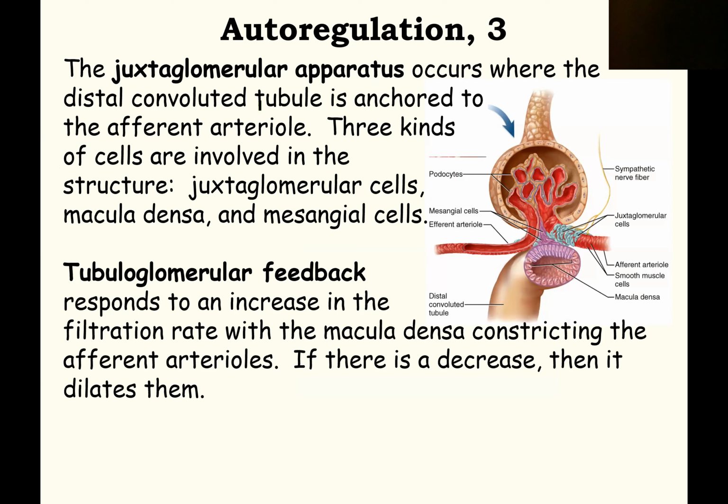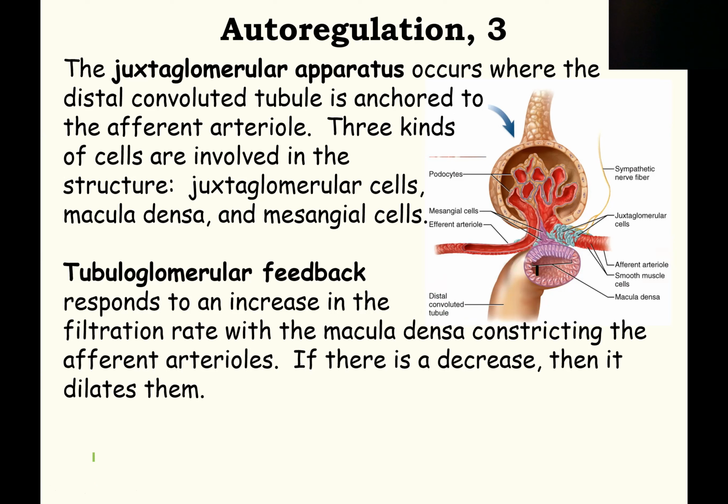Tubuloglomerular feedback. So we have to define the juxtaglomerular apparatus. This is found in every nephron. It's where the distal convoluted tubule is going to be anchored to the afferent arteriole. There are 3 kinds of cells in the juxtaglomerular apparatus.